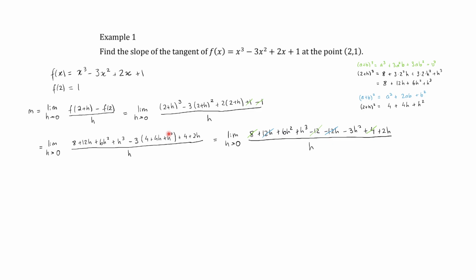Then we should be left with 6h squared plus h cubed. And then minus 3h squared. Of course, that's going to simplify with the 6h squared there as well. Those two are going to combine. And we should be left with the following expression.